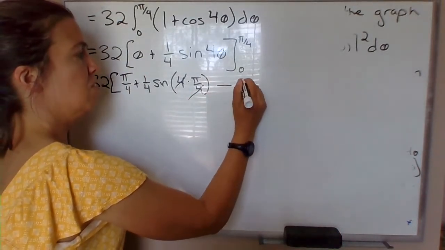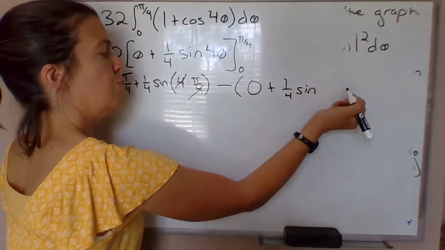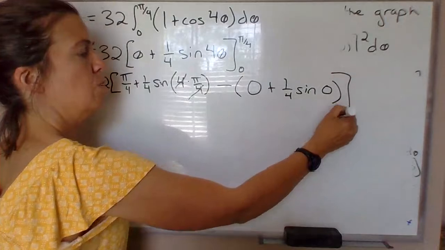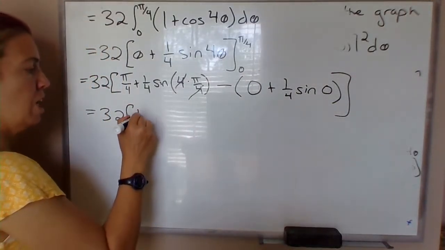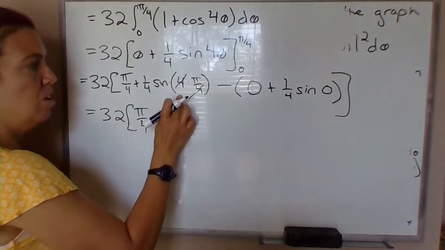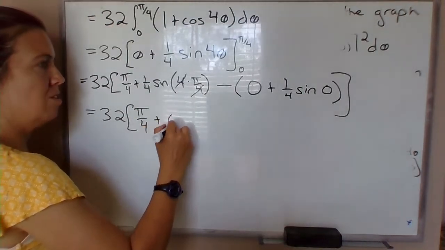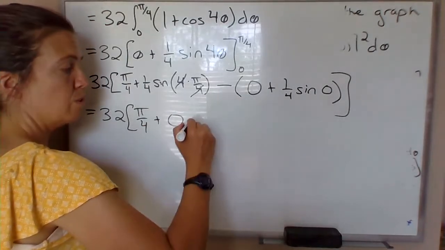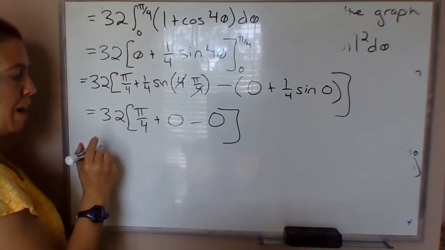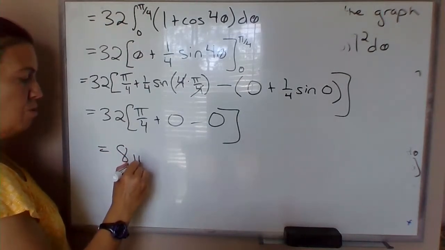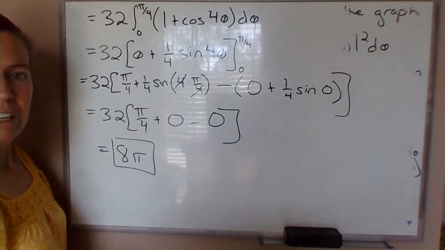But minus 0 plus 1/4 sine of 4 times 0, so we know that's 0. Okay, so this is 32 times pi over 4. Sine of pi is 0. So this is 0. Sine of 0 is also 0. This is all 0 over here. So we end up with just 32 times pi over 4, which is equal to 8 pi. So 8 pi for the total area of that region.